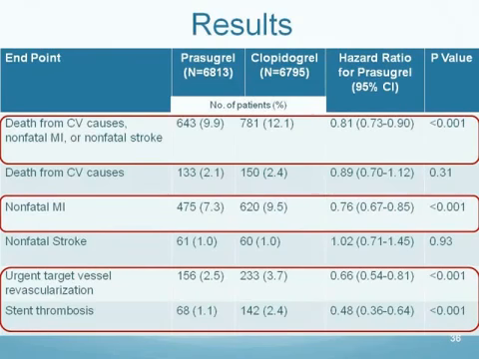The major driver of this composite endpoint was the non-fatal MIs, and there was nearly a 25% reduction in non-fatal MIs. And then there were also some other secondary endpoints that were looked at: urgent target vessel revascularization and stent thrombosis, which were also reduced in the prasugrel group. There was no difference in non-fatal stroke between the 2 groups.